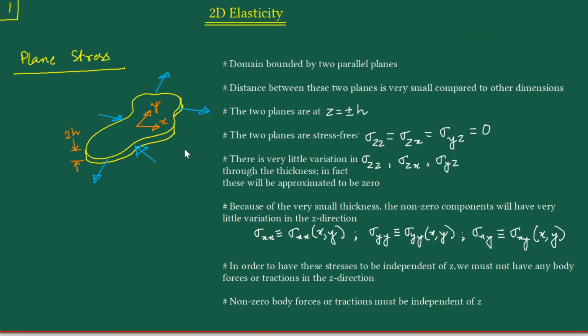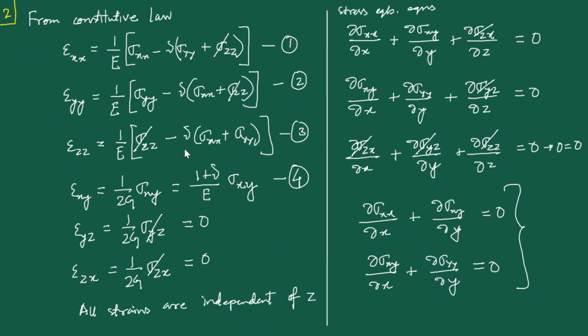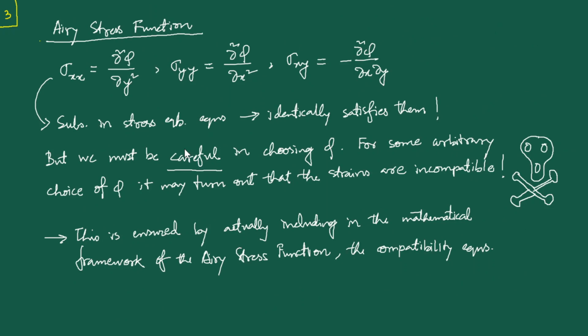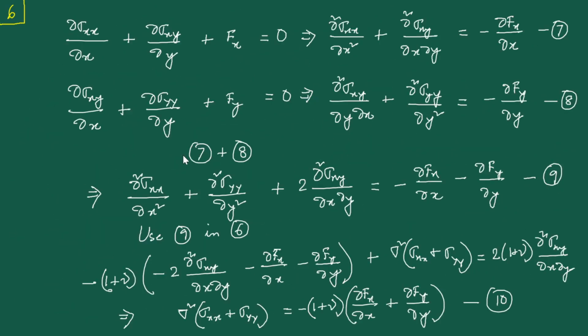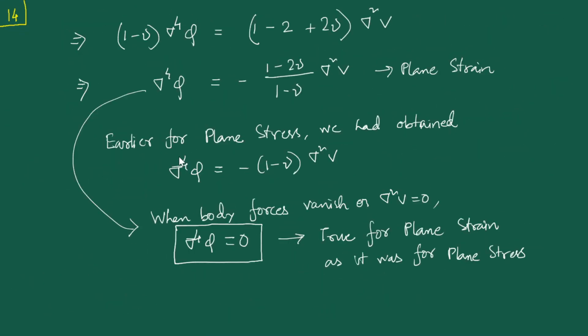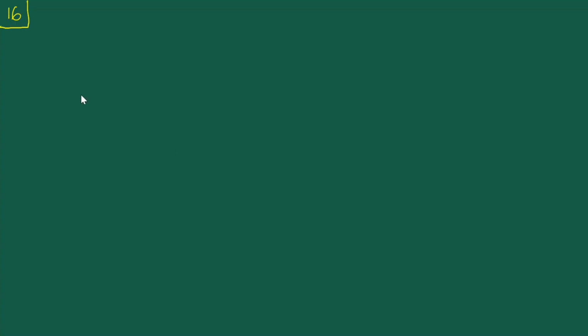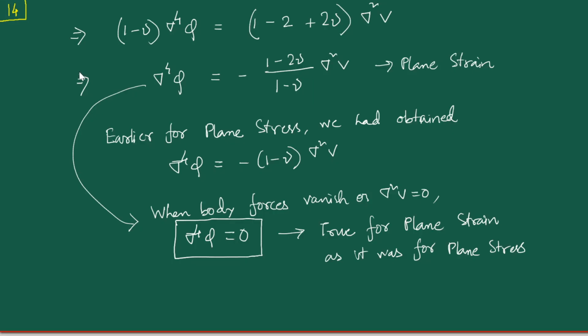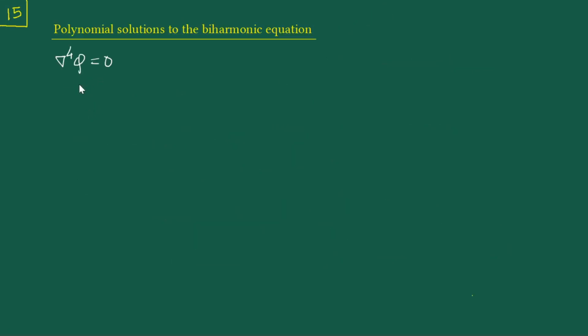So in all these previous lectures, we had been actually talking within the scope of rectangular Cartesian coordinate system only. However, the equation that we are finally arriving at, so this equation, this biharmonic equation, is true irrespective of the coordinate system of choice.